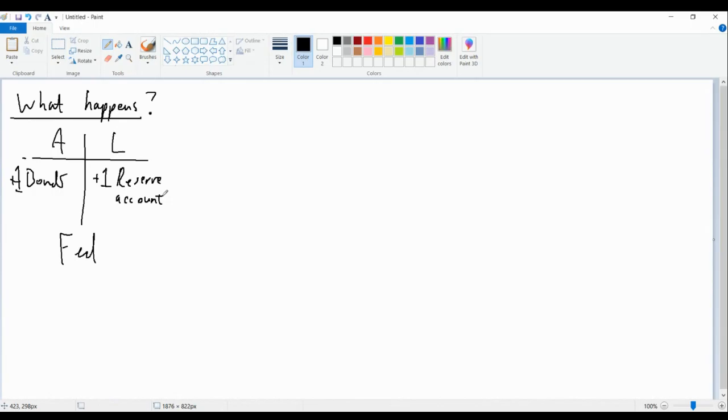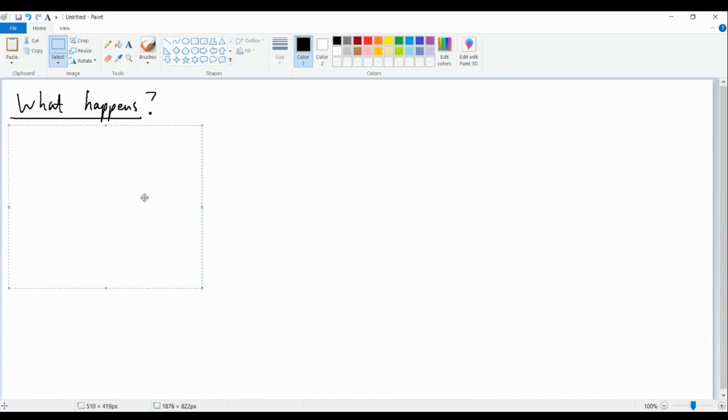That part is straightforward. The interesting thing is going to be what happens at the bank that sold these bonds to the Fed. So for that, let's wipe this and start over.